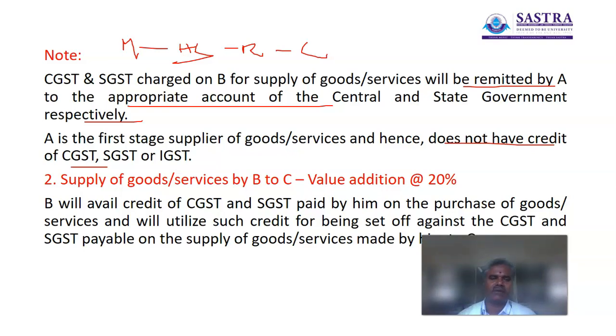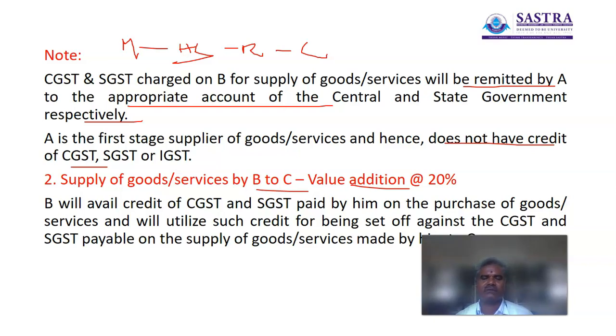Now suppose supply of goods or services by B to C. After receiving goods from A, B will add 20%. So this is called value addition.